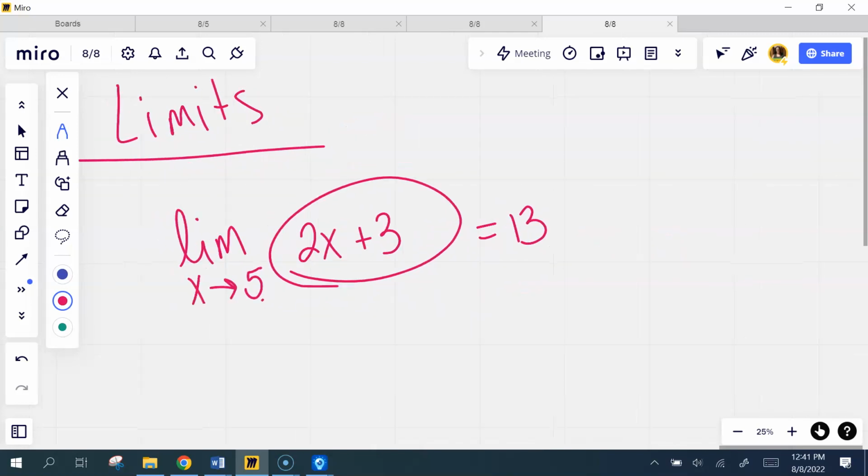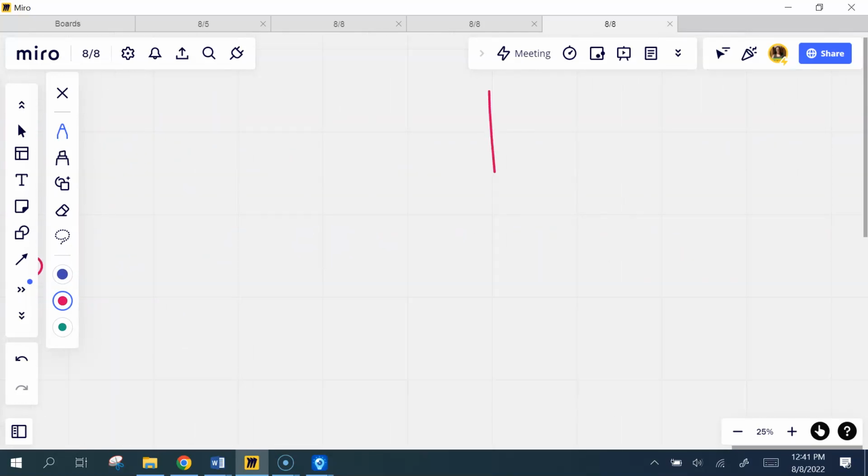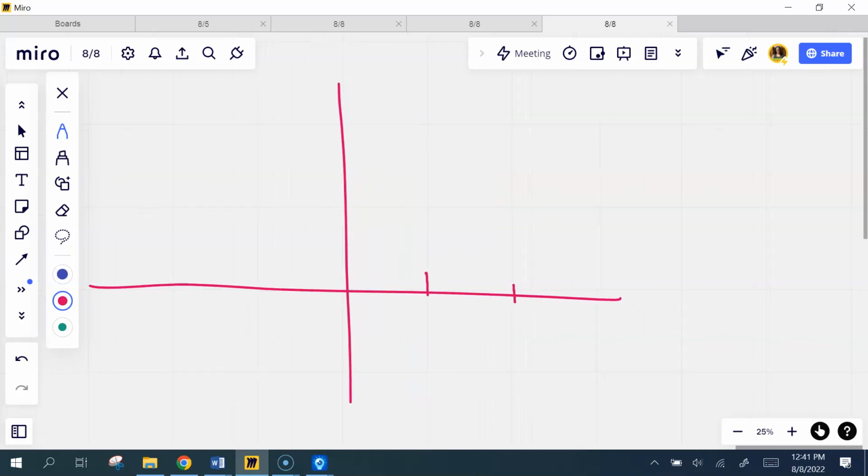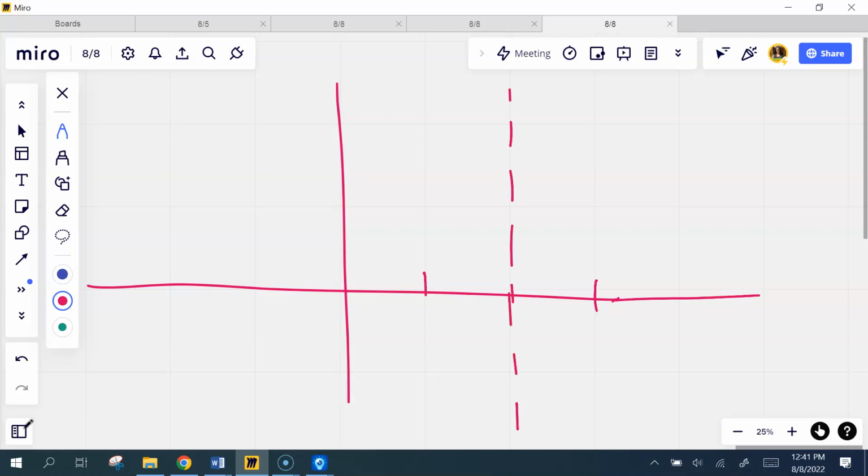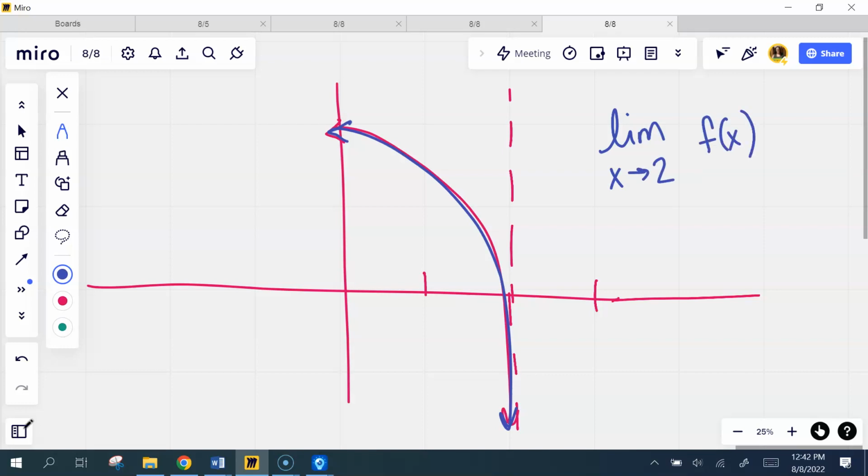But what happens here? I'm going to call this f of x. What do you think is the limit as x approaches 2 here of f of x?